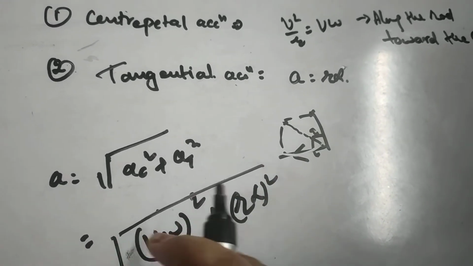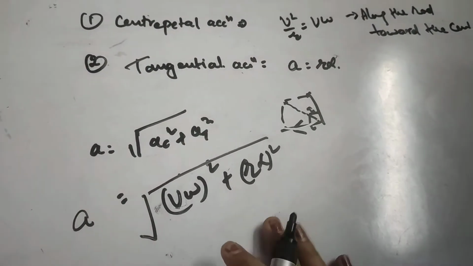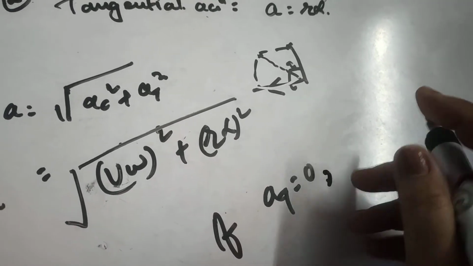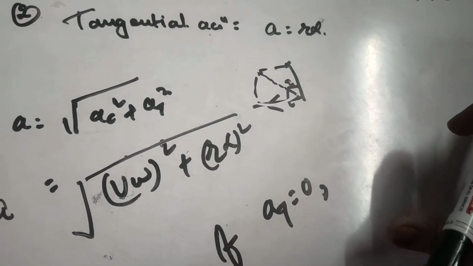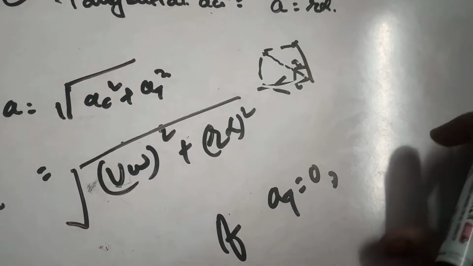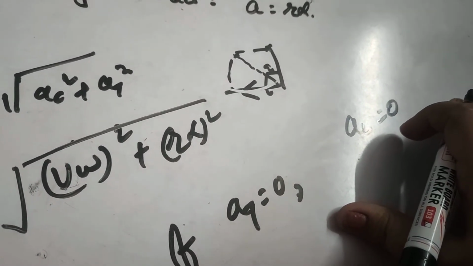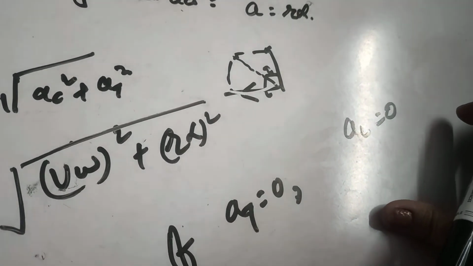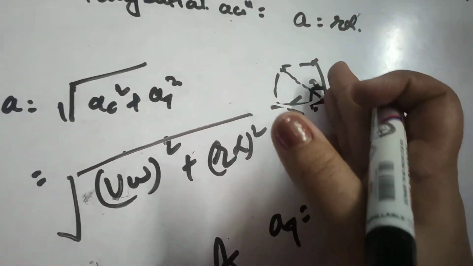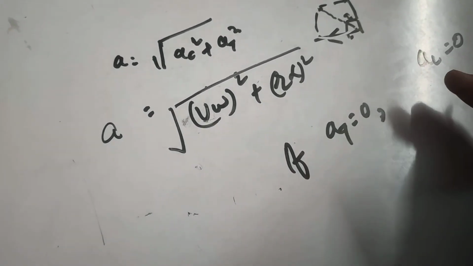Special cases: if the tangential acceleration is 0, the particle has only centripetal acceleration and moves with uniform speed. And if the centripetal acceleration is 0, the particle has only tangential acceleration, and it will accelerate along the tangent to the circular path. So this is all about circular motion when a body is moving in a circular path.